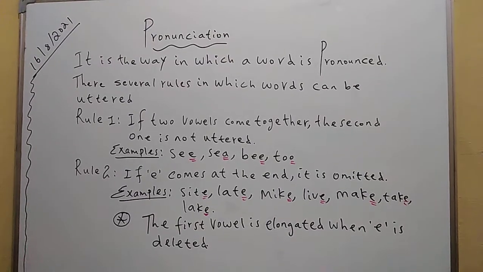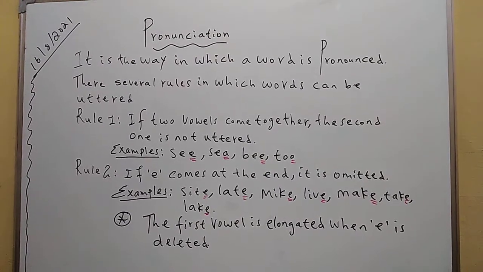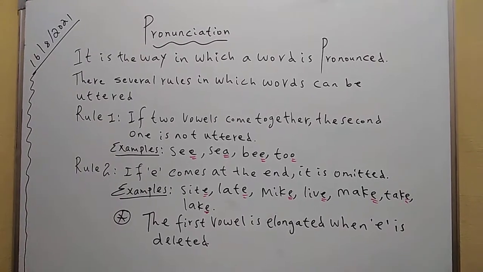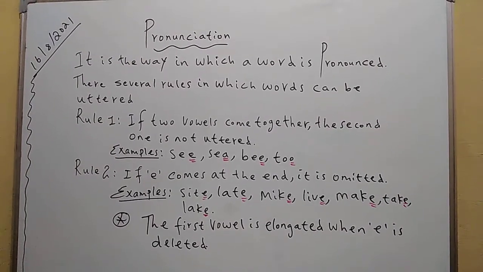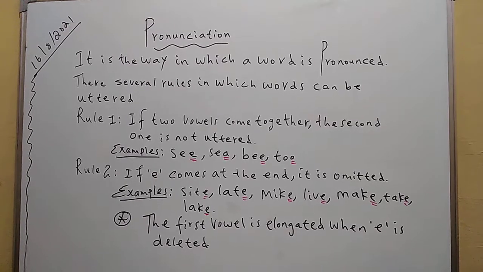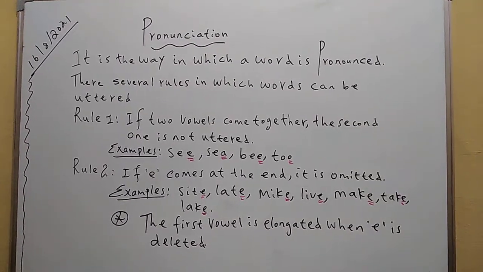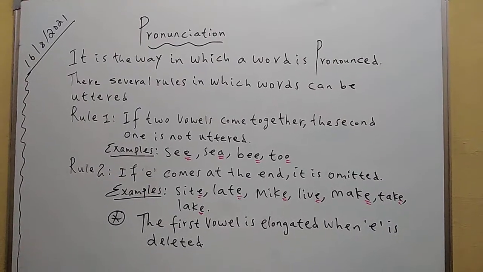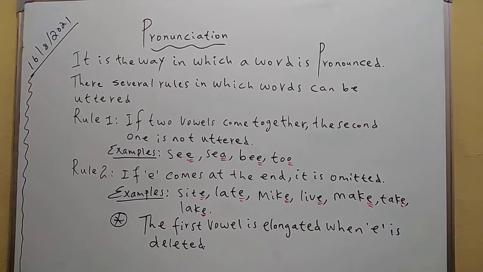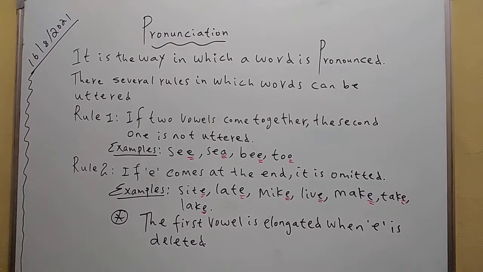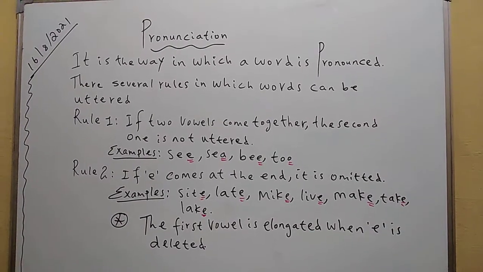Make sure that the first vowel is elongated when E is deleted, which means we don't have to pronounce, for example, the first one as "sit", or "lat", or "mak", or "liv". It has to be pronounced in that way, because of E: site, late, make, like, take.